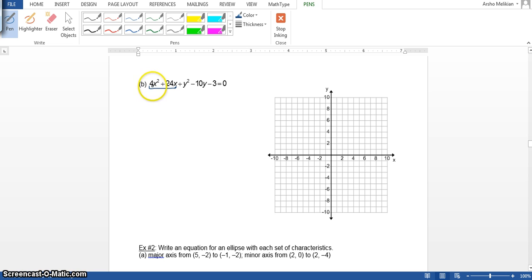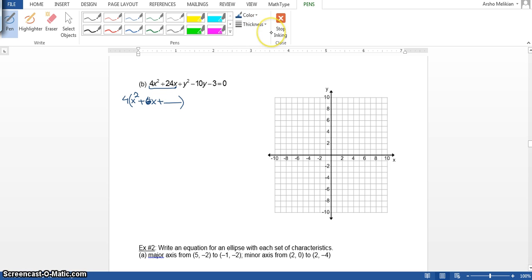Remember, to complete the square, there shouldn't be a coefficient, or the coefficient of the x squared should be a 1. So I'm going to factor out a 4, and I will get x squared plus 6x plus a number.